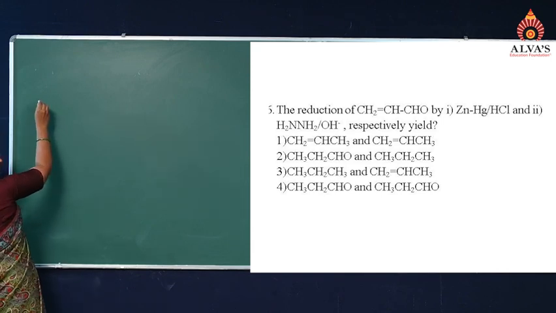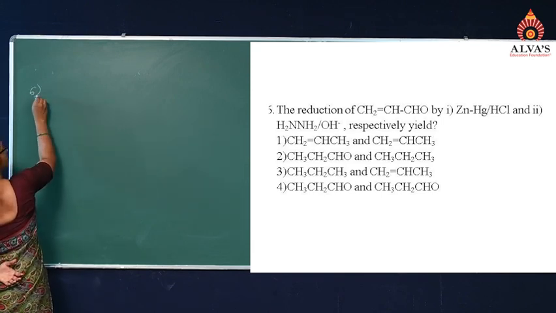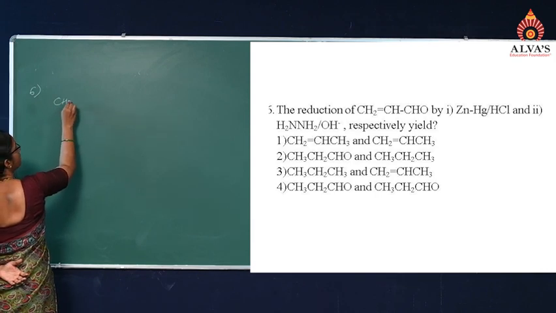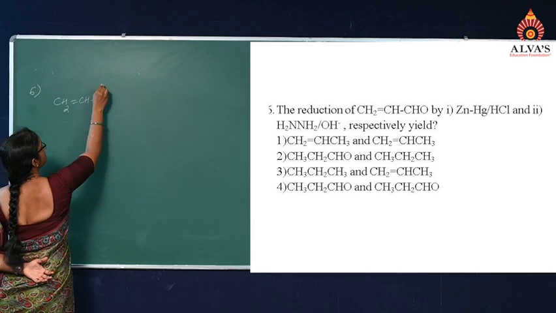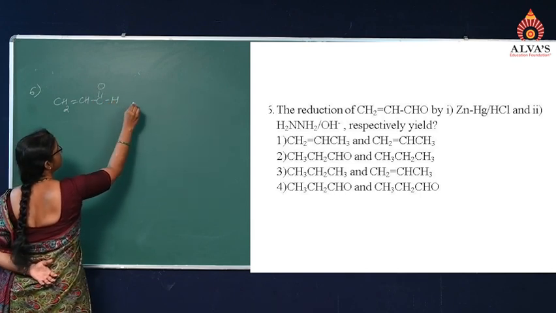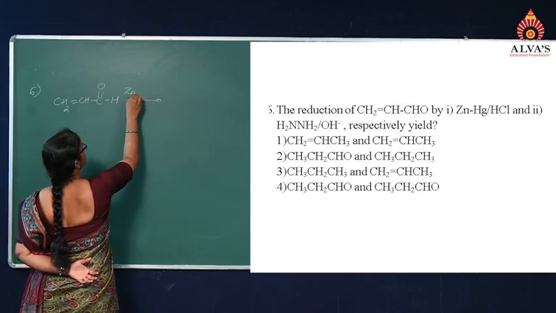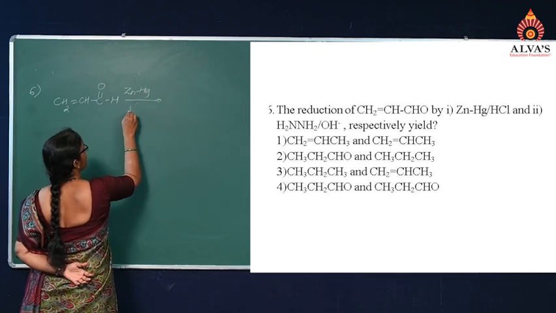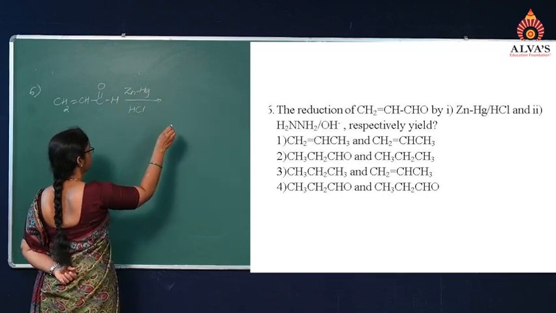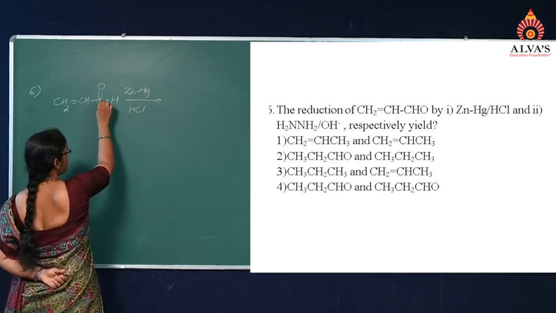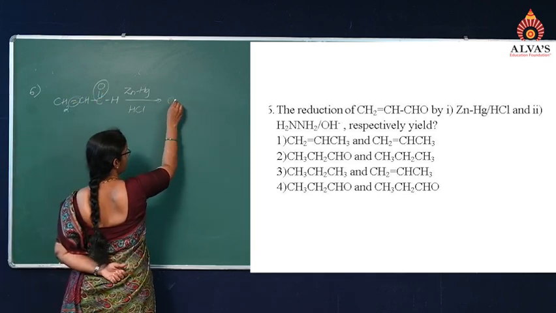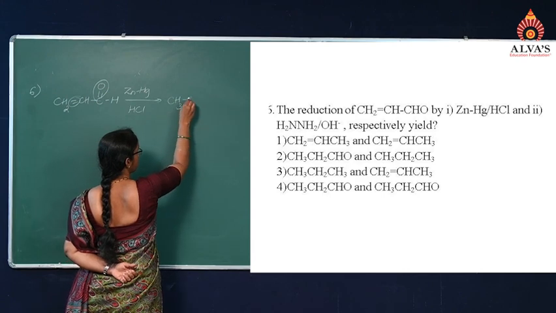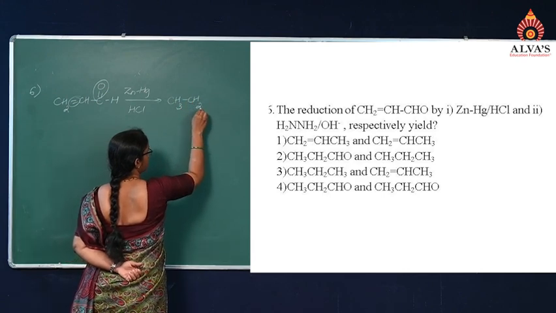Hence, when we carry out reduction of the given compound in presence of zinc amalgam in acidic medium, it reduces both C double bond O as well as carbon carbon double bond, resulting in formation of alkane, that is propane.